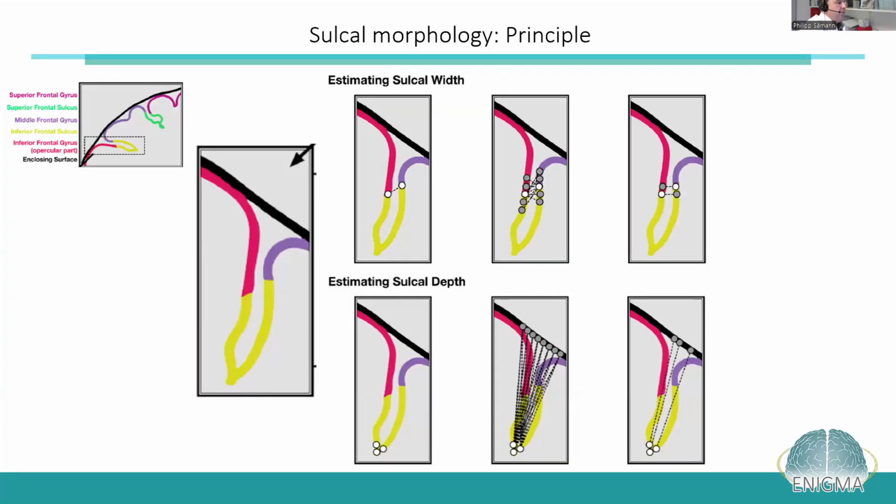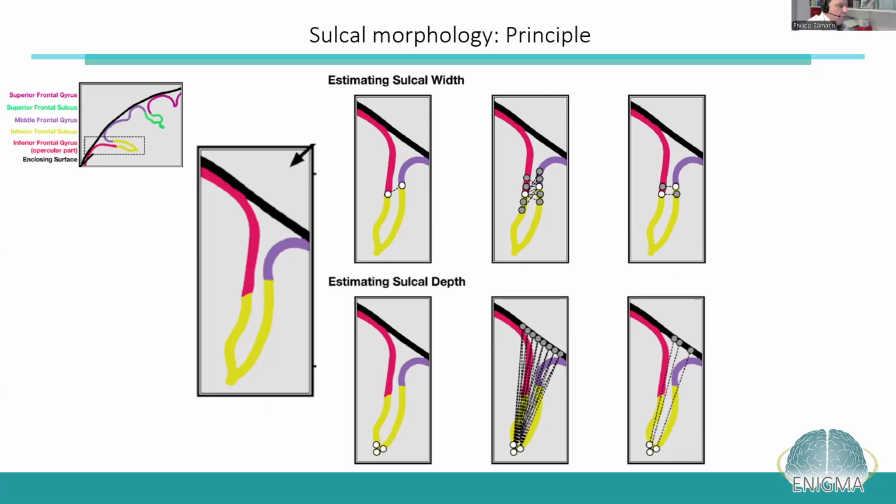As soon as you've defined these surfaces and as soon as you have your parcellation information, you can start to create, for example, measures of the width of the sulcus, often based on several measurements, not a single measurement.